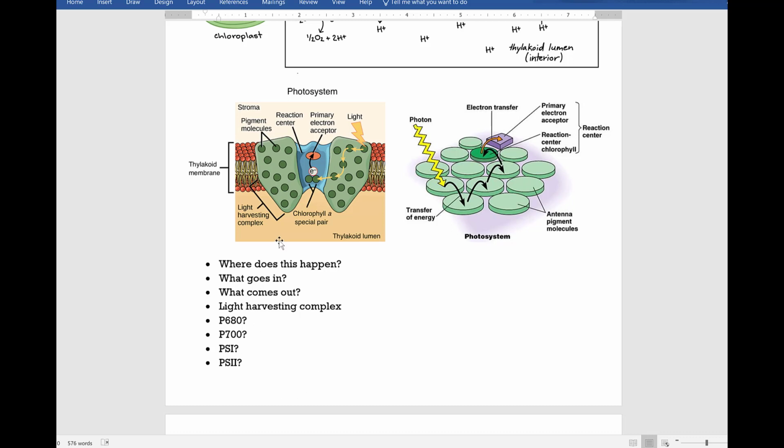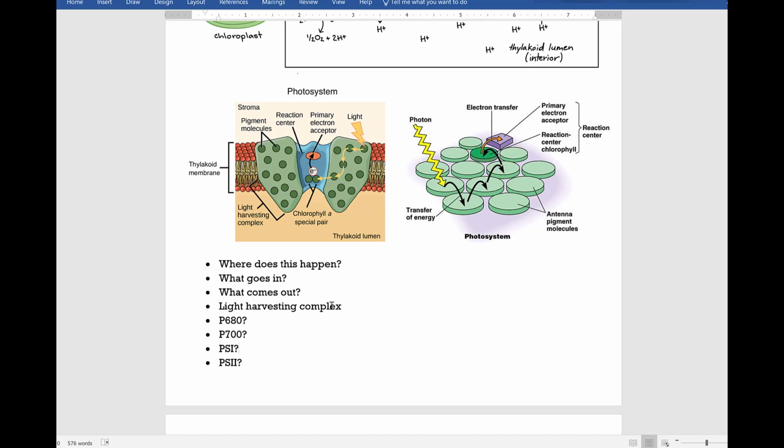So water will replace these electrons that get ejected from the reaction center. So we have water being used and consumed, and then products of just this particular part of the light reactions would be protons, and oxygen gas, and high energy electrons.